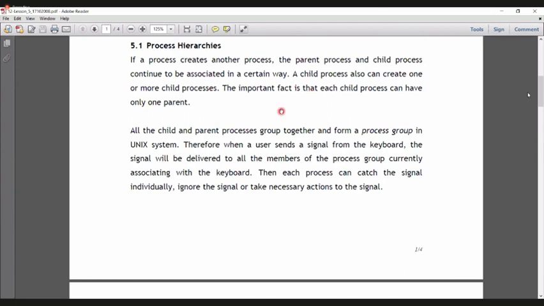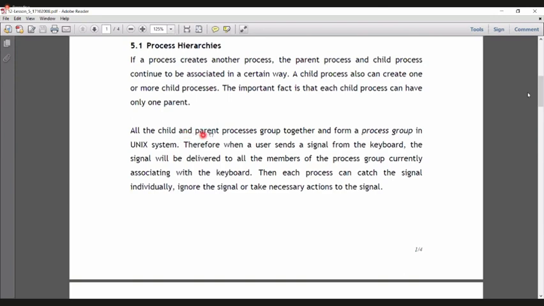Then it becomes like a tree. That's the hierarchy. The important fact is that each child process can have only one parent. The parent can have many children, but a child can have only one parent. So that is something to remember.